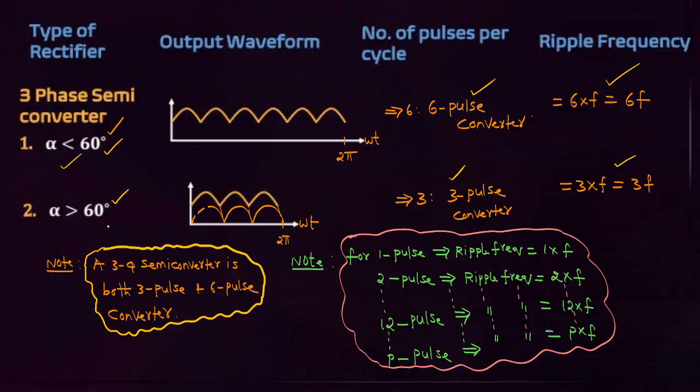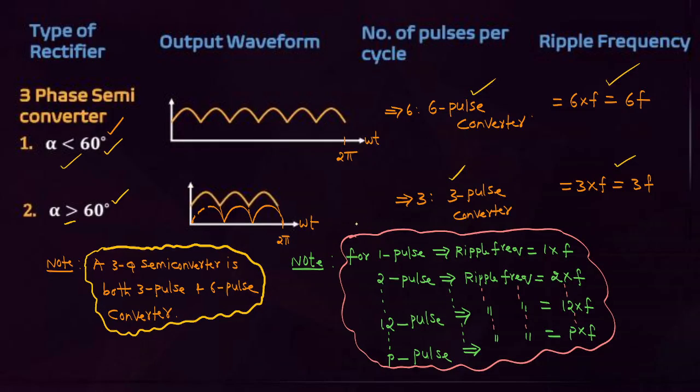When the firing angle is greater than or equal to 60 degrees, it is a 3 pulse converter. That is only for this 3 phase semi converter. Based on the firing angle range, the number of pulses will change, then ripple frequency also will change. But for the remaining converters, it is independent of firing angle.